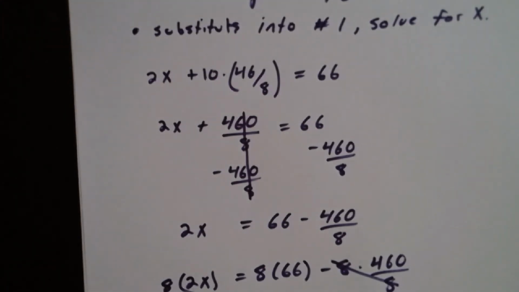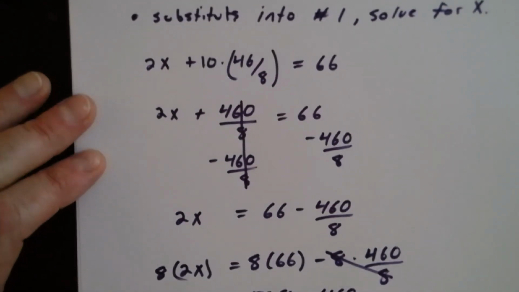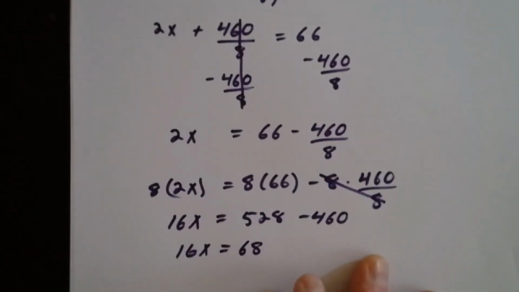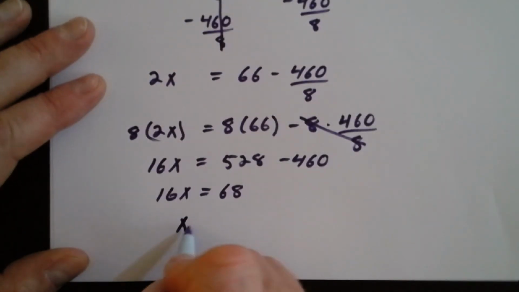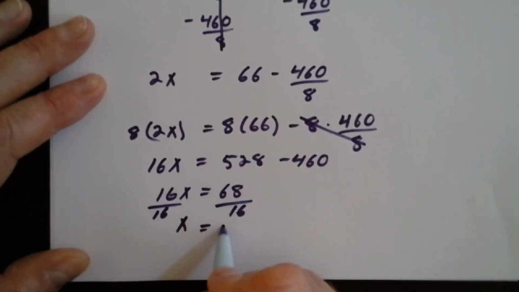So 528. So 16x is equal to 528 minus 460. So that's going to be 68. So 16x is equal to 68. And 68 divided by 16, so x divide by 16, divide by 16, x is equal to 4.25.